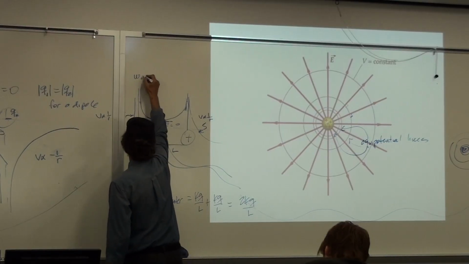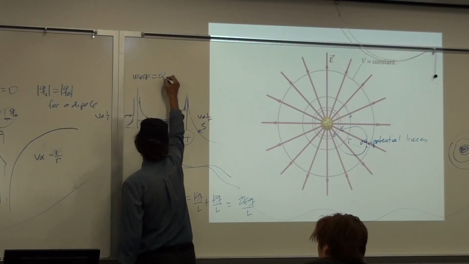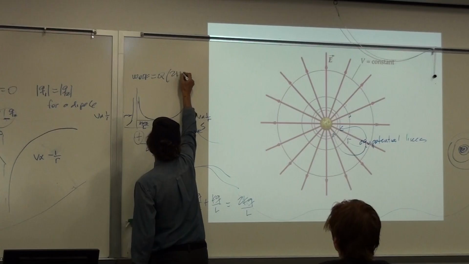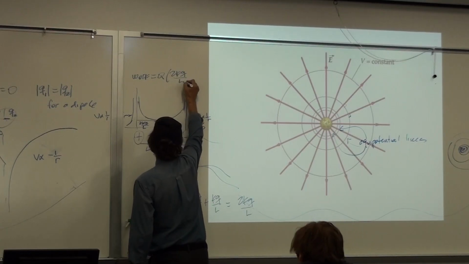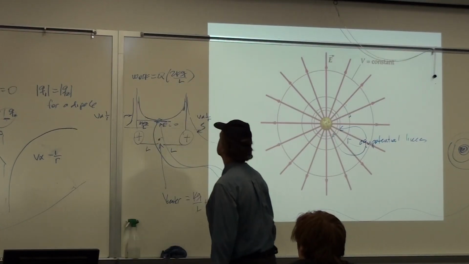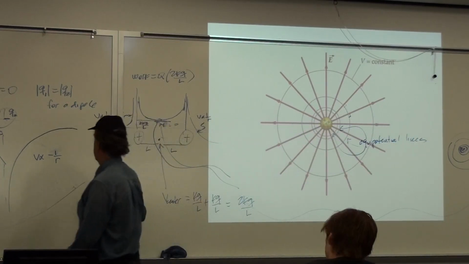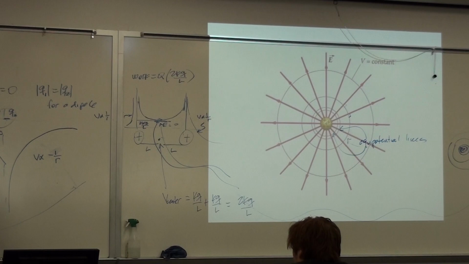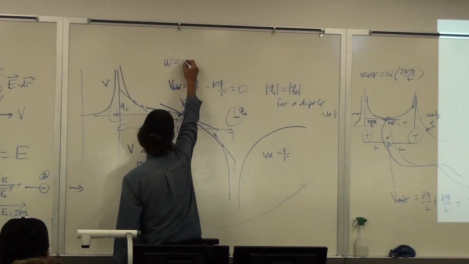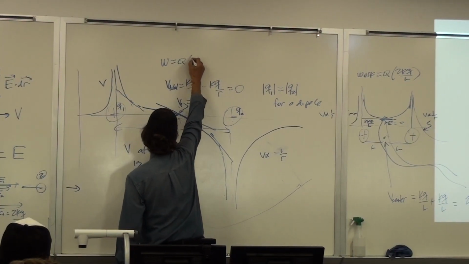So the work is equal to Q times 2kq over L. But here, if I bring it into here, then the work is equal to Q times 0.